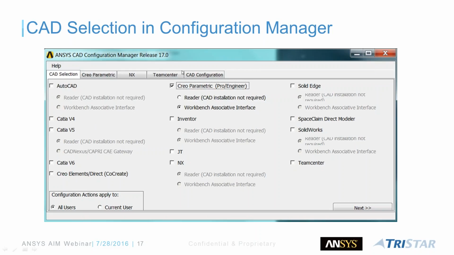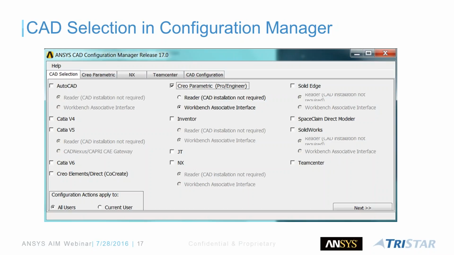Please remember, you do have a direct integration, or I should say an interface, with most of the CAD systems out there. It's not the full AIM interface, but you're able to launch AIM from within Creo or access a file that you opened in Creo in AIM, right?